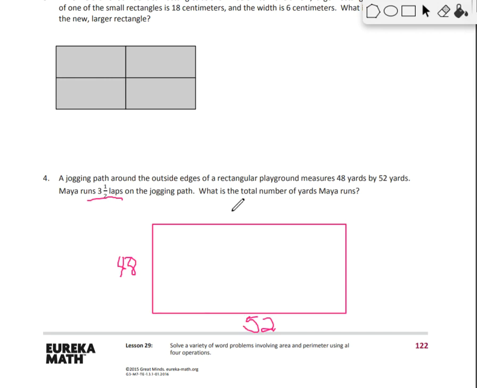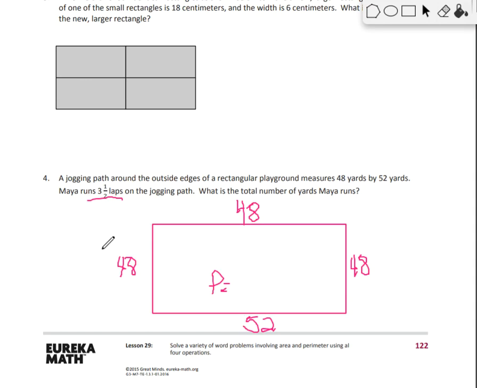So first things first, I'm going to find the perimeter of my shape because she's going along the edges. It's the perimeter. So we have 48 and 48, and we have 52 and 52. These are some big numbers. I'm going to show my work, but because we have some more to do after finding the perimeter, I will erase.